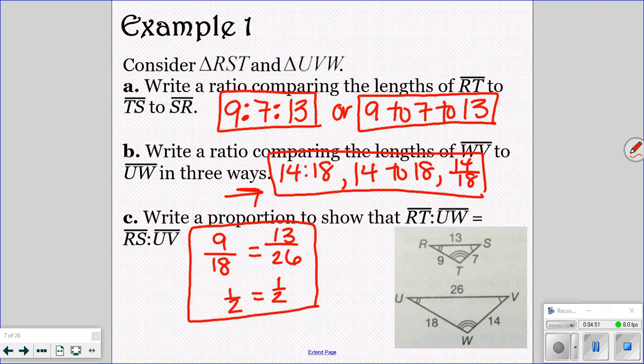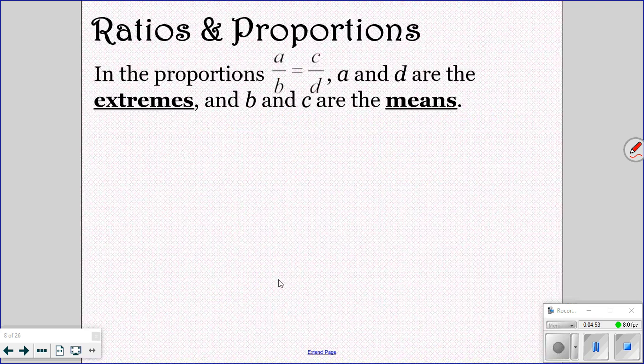Okay? Looking at proportions more specifically, in the proportion A/B = C/D, A and D are called your extremes, and B and C are called your means. So we'll learn more about B and C being the means in a couple weeks.